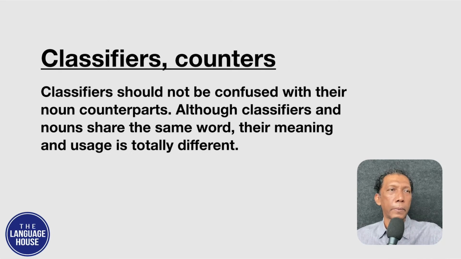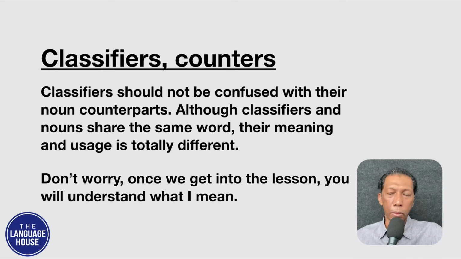This one is also quite important. The classifier term is identical to nouns, but it's not referring to the noun. The classifier's term by itself, coincidentally or somehow, is related to the noun. Don't worry about this. Once we get into the lesson, you will understand immediately.